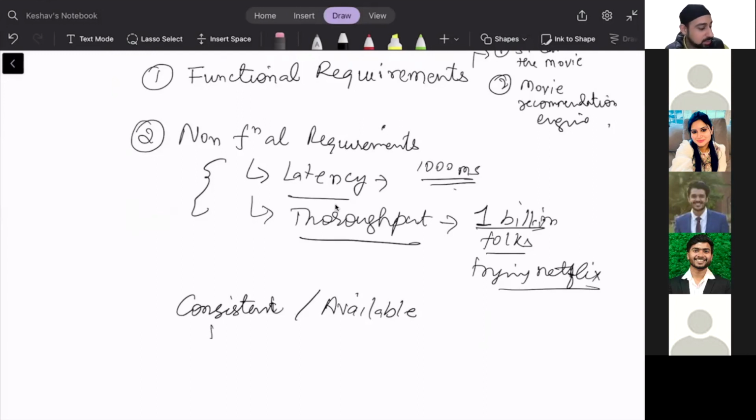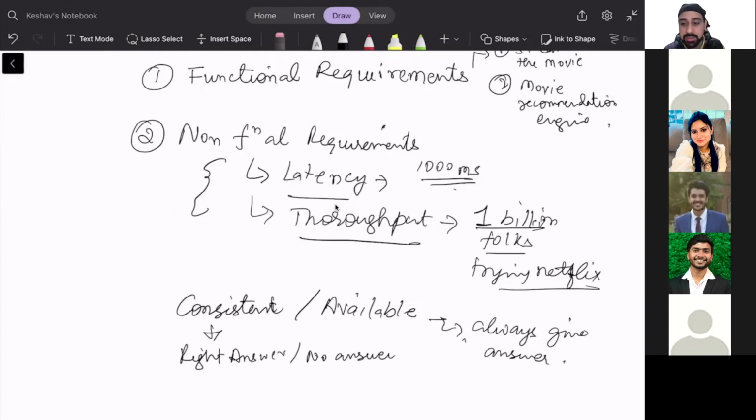When I say consistent, it means it should always give you the right answer or no answer. But in availability, it will always give an answer. Maybe the answer is correct or wrong, that is questionable. In case of Netflix, we can safely assume that our system should be available rather than consistent.